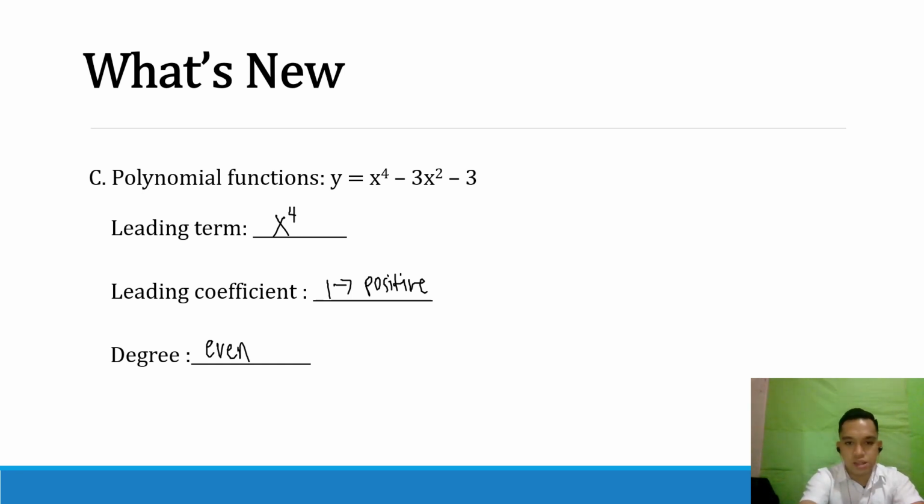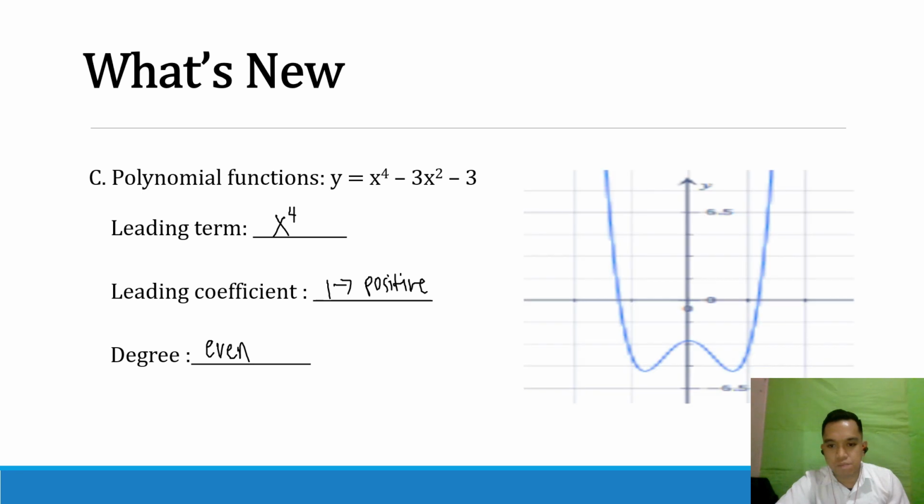Our degree here is 4. So the graph of our polynomial function looks like this. It rises to the left and it rises to the right. Since the leading coefficient is positive and the degree is even, it rises to the left and rises to the right.